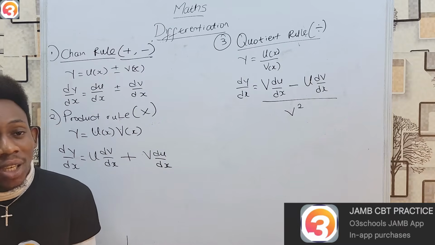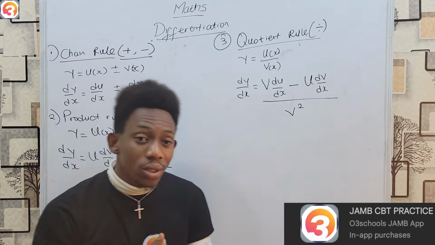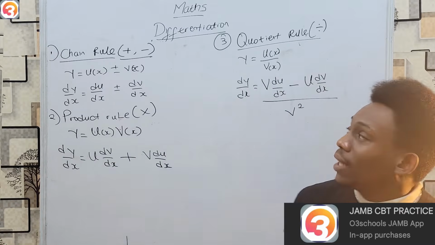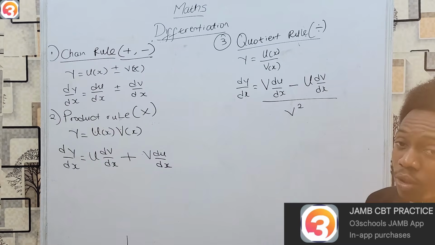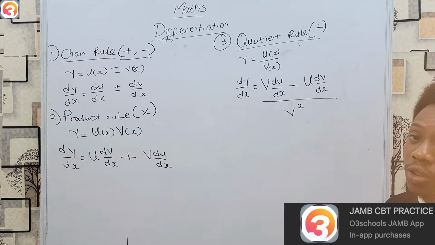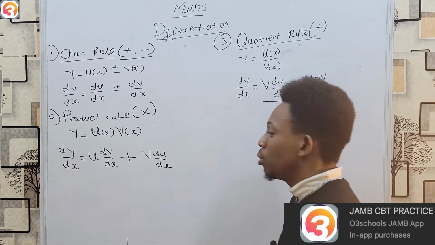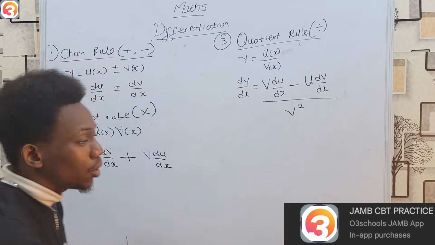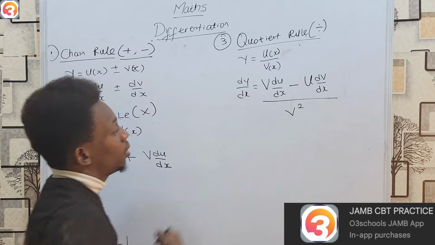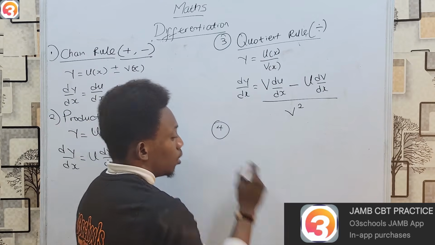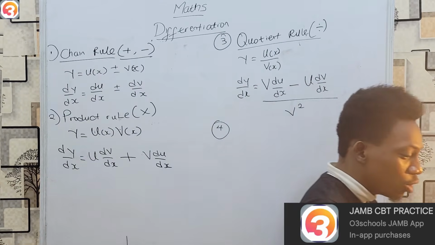That means I have to be careful. It's always hold the denominator and then differentiate the numerator, minus hold the numerator, differentiate the denominator, all divided by the square of the denominator. Is that okay? Good.